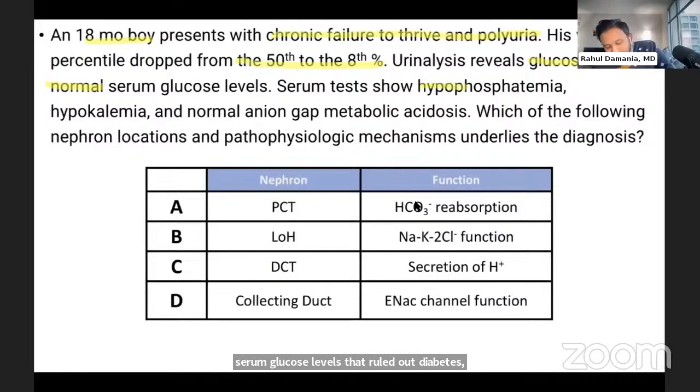Serum tests show hypophosphatemia, hypokalemia, and a normal anion gap metabolic acidosis. Which of the following nephron locations and pathophysiologic mechanisms underlies the diagnosis? You're going to be looking at the nephron location and also the function that is going to be messed up. What do you think is the best answer here?